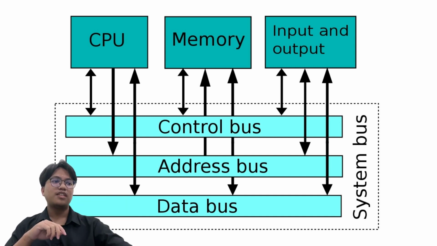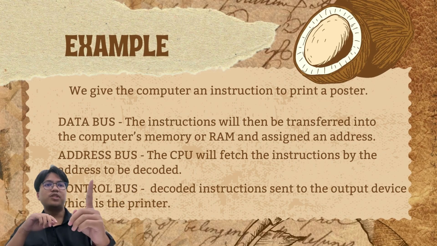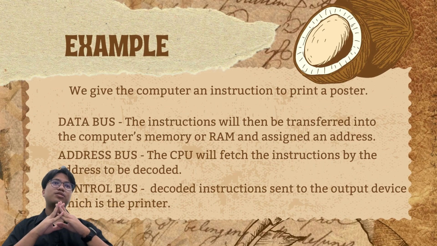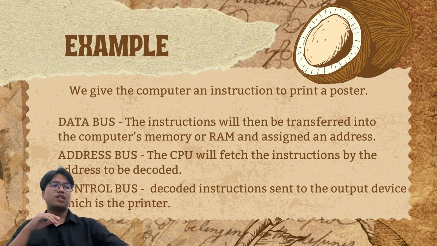Okay, get it? Next, remember this example I gave you? Alright, so now I will relate this example using the system bus, and I will break down the sentences into the bus types. So first, we give the computer an instruction to print a poster.